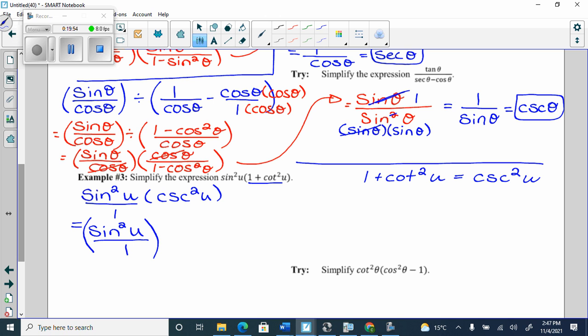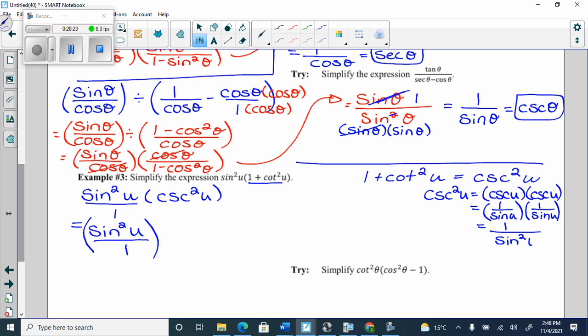So I can replace cosecant squared u with 1 over sine squared u. Because cosecant squared u is the same as cosecant u times cosecant u, isn't it? So I can go 1 over sine u times 1 over sine u, which is the same as 1 over sine squared u.